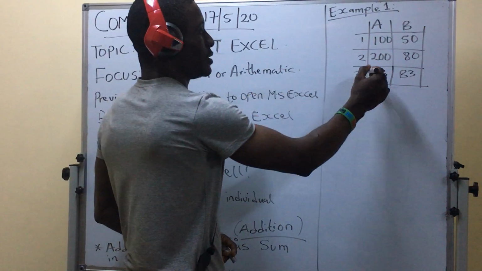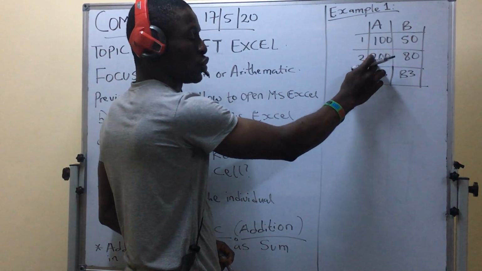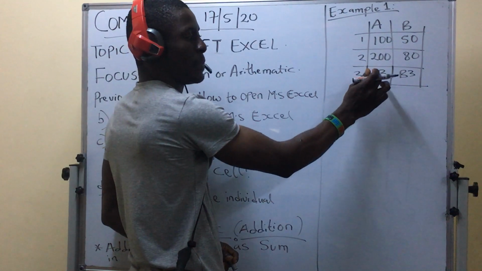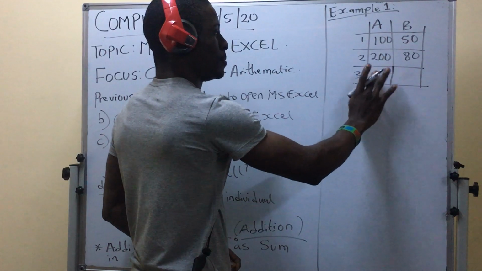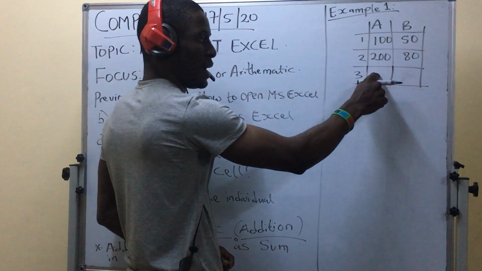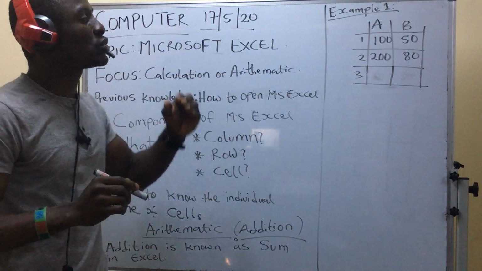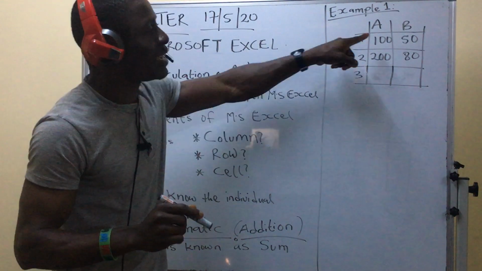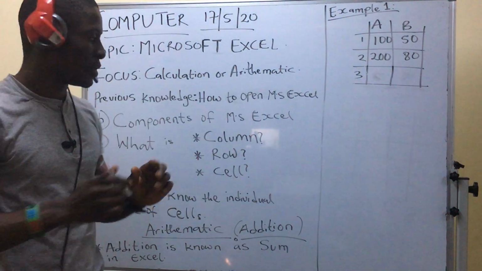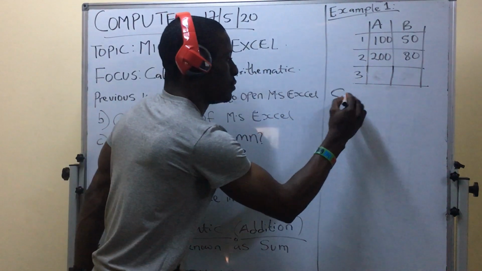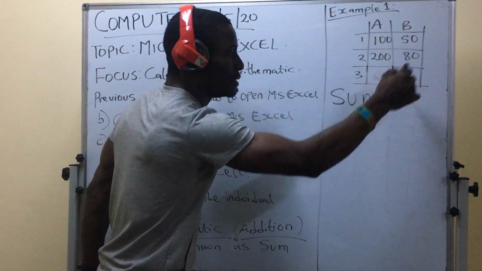If you are asked to sum 100 plus 200 and let the answer be here, the first thing you do is to recognize each cell by its name. Forget the value inside. You are asked to sum. You know what sum is. Good. Sum is to add.